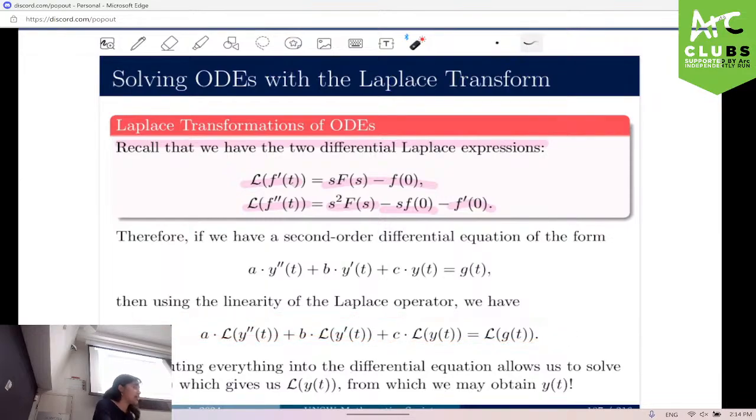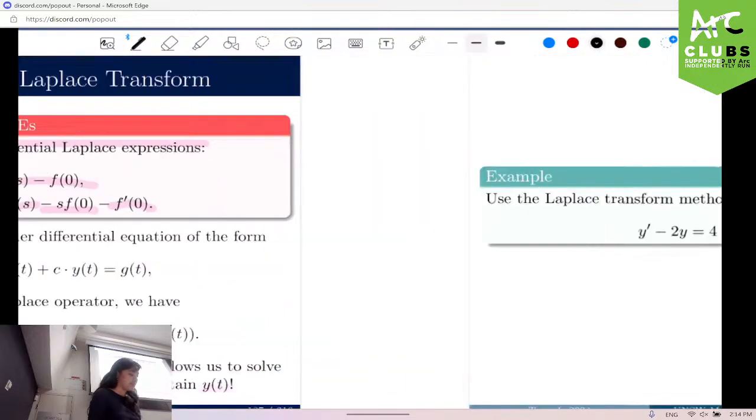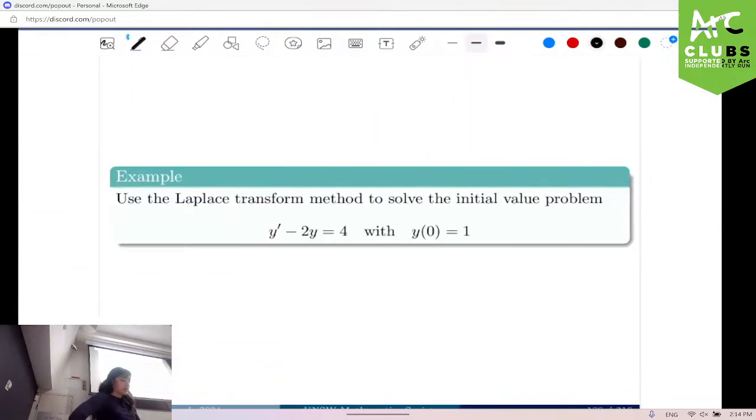So again, all rules of Laplace still apply. We need to substitute everything into the differential equation and solve for F(s). And then with that, we inverse it and obtain the original function. So again, to fully understand this, we shall do an example. Use the Laplace transform method to solve the initial value problem.